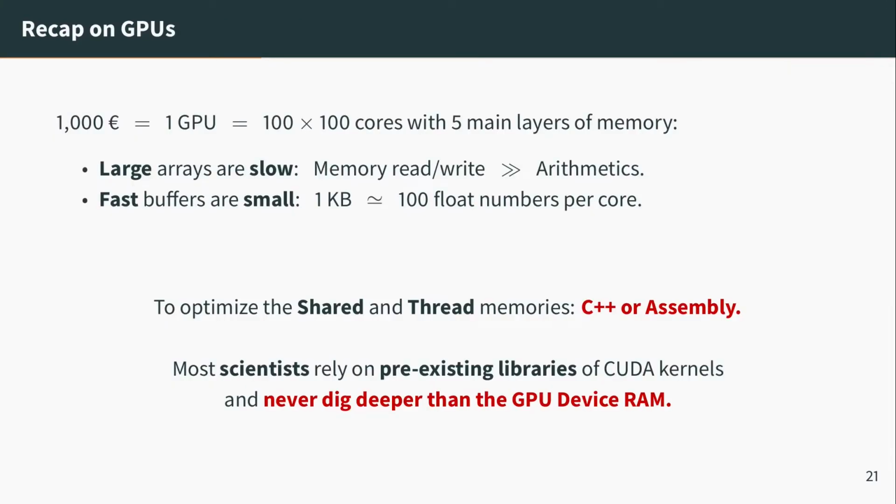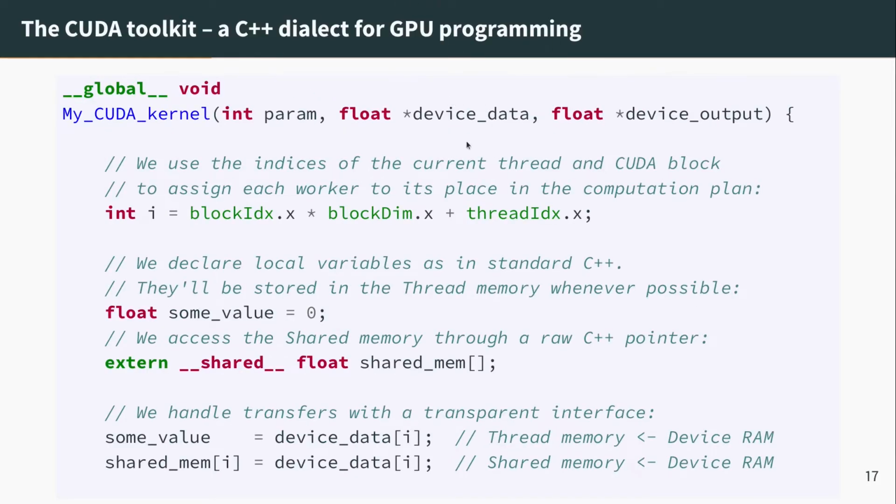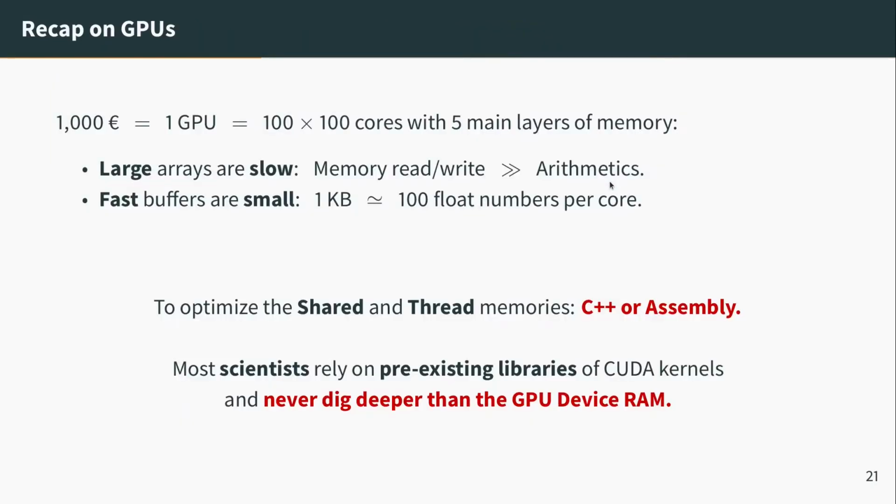So the idea whenever you write a PyTorch program is that all the variables that you manipulate are arrays that are stored in the device RAM. And then every operation you call is a binary that takes as input those arrays, performs some computation, and then writes it back.